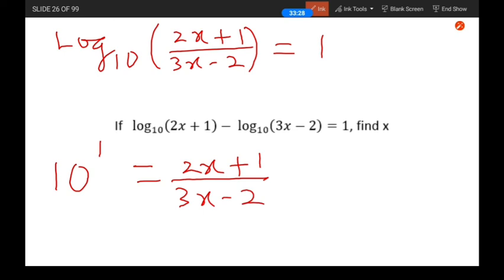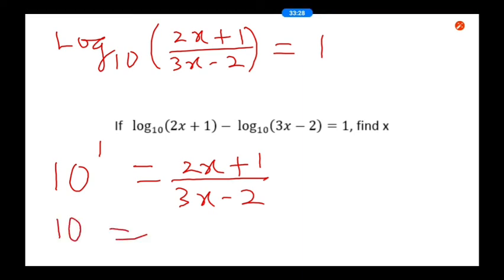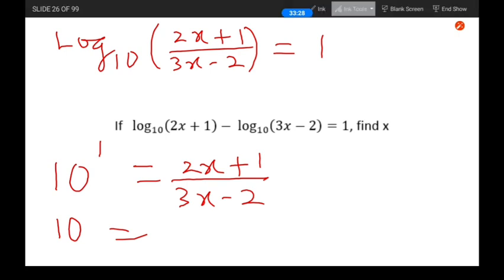So what do we do? You cross multiply. 10 raised by 1 is 10, right? Equals 2x plus 1 over 3x minus 2.